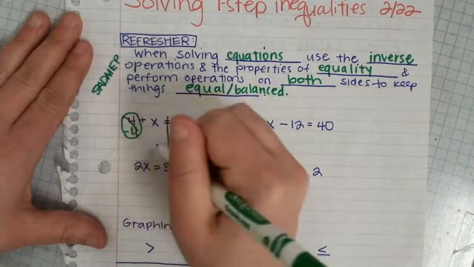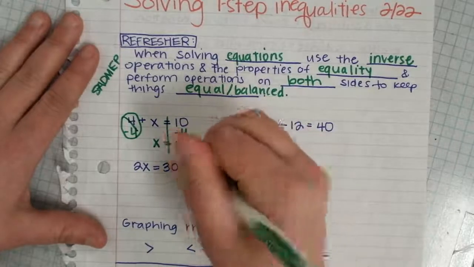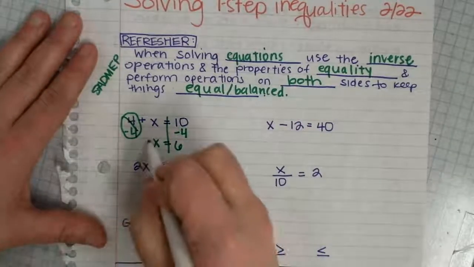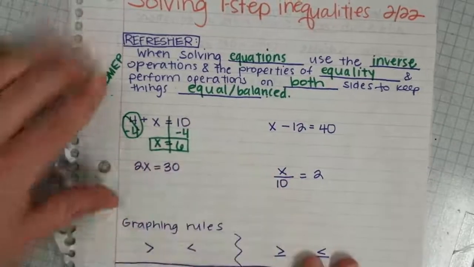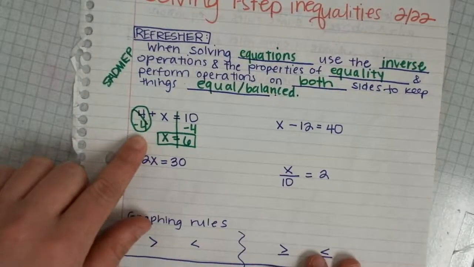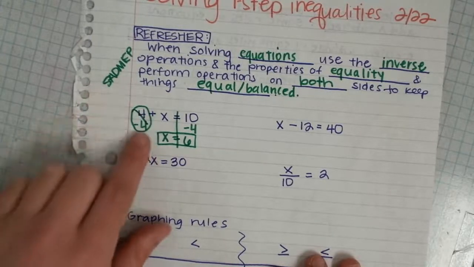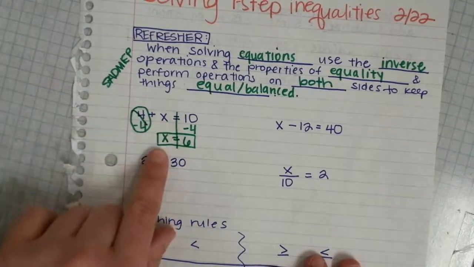This goes away, and I'm left with just an x, and 10 minus 4 is 6. And that's my final answer. Because there was addition here, I'm going to use subtraction, the inverse operation of addition, to move this and make a 0 and isolate my variable.